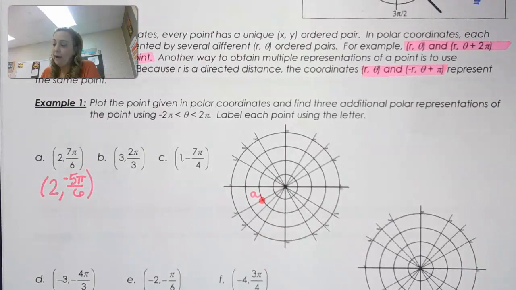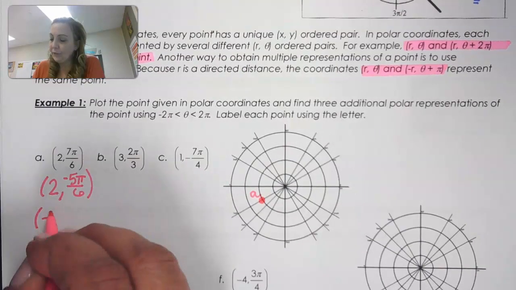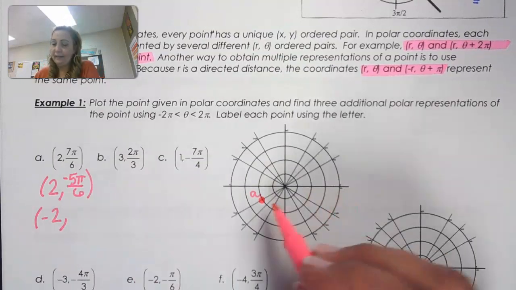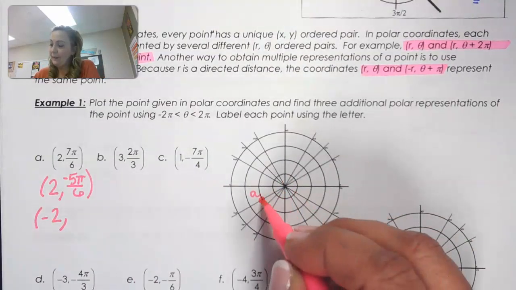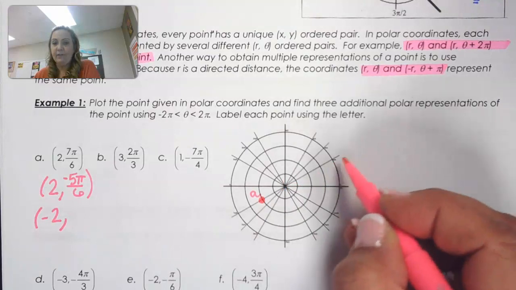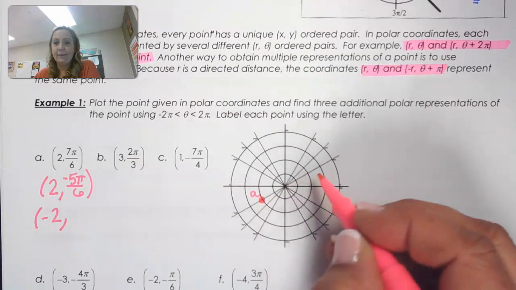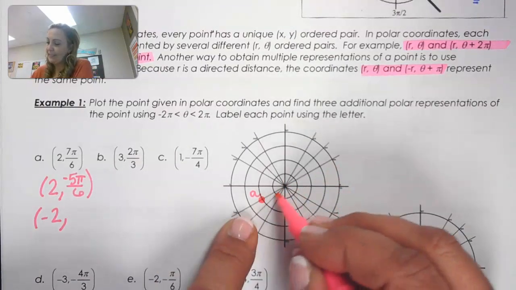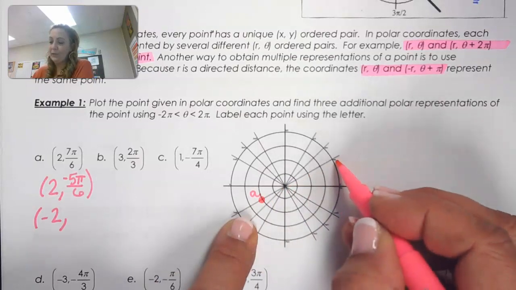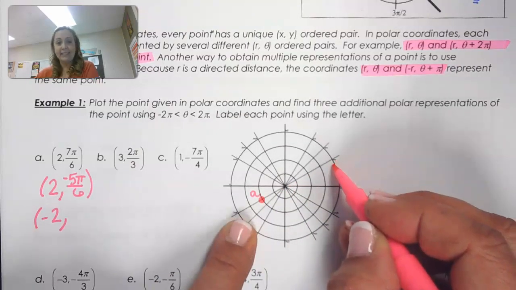Okay. The other thing we can do is make R negative. And when we make R negative, that means that we would be coming at it from an angle that's pi away. And so if we kind of extend it this way, we can see that this would be the angle pi/6.